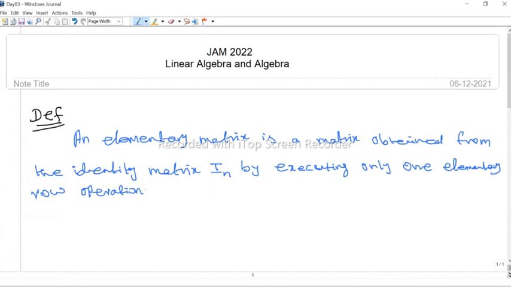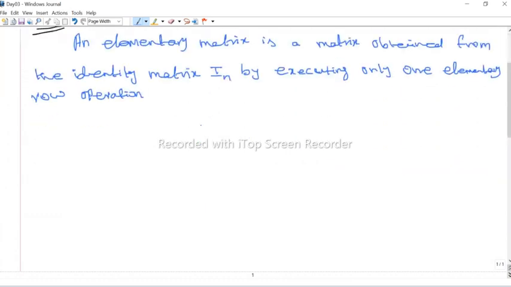So for example, if you take the identity matrix and apply the first kind of elementary row operation, what is the first kind? You multiply a row by a non-zero number. So for example, take the 2 by 2 identity matrix, 1 0 0 1, but instead of 1 I multiply the second row by -5.